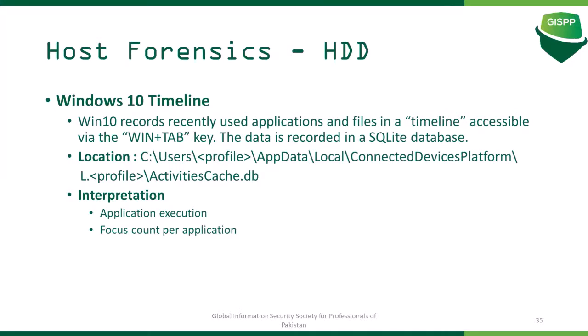Let's suppose I launch Internet Explorer, I visit a particular website, I download a particular file. Everything, including the URL, what you opened, what you did exactly, is saved in this activities cache DB. It's very amazing, and I would recommend everyone to just look at it.